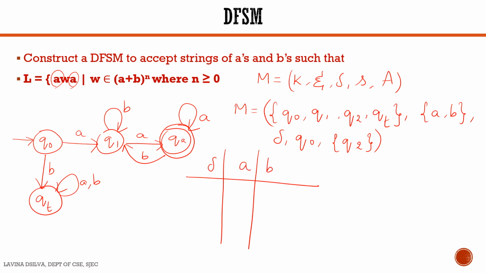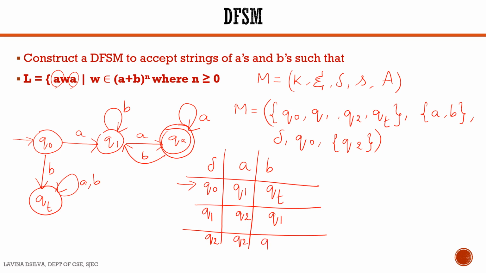For inputs A and B, we have start state Q0. On receiving A, it goes to state Q1. If it sees a B, it goes to Q trap. Q1 state on A goes to Q2 state. On B, it remains in the same state. Q2 state on receiving A goes to Q2 state itself.